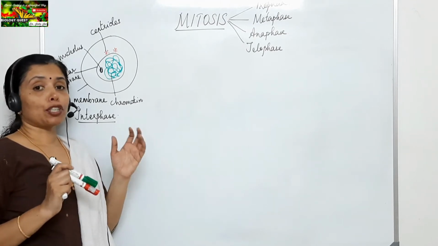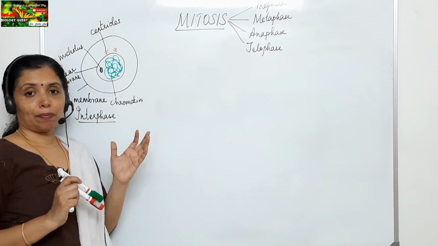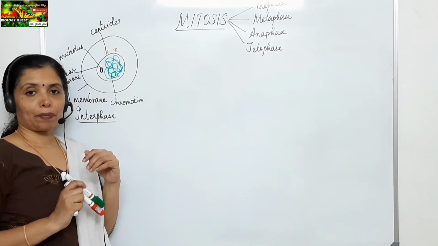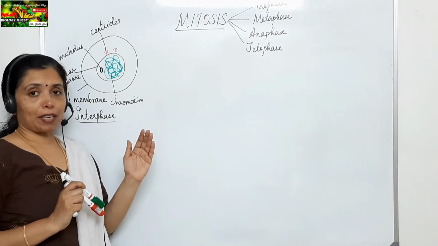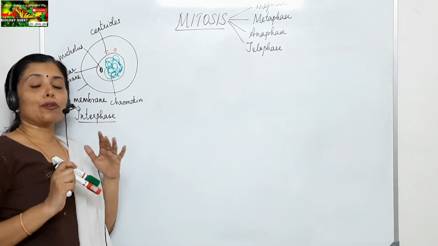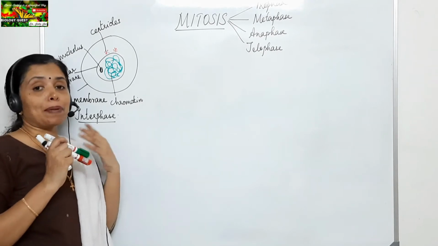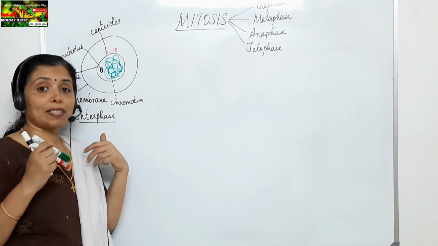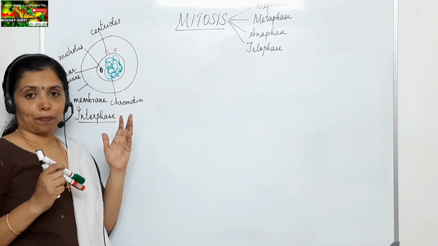They start to produce asters, which are radiating rays arising from the centrioles. By the end of prophase, the centrioles will have reached the opposite poles, the nuclear membrane and nucleolus have completely disappeared, and the centrioles will have started to produce the spindle fibers.